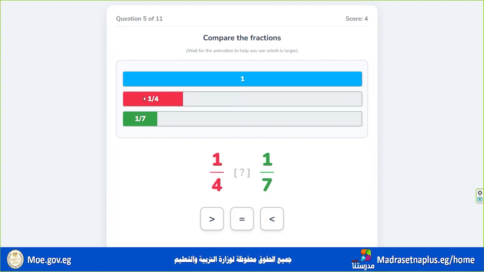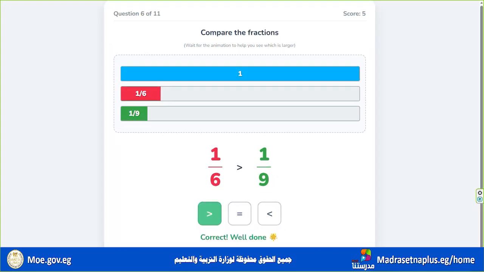Yes, the red part is greater than the green part. 1/6 and 1/9. 1/6 in red, 1/9 in green. You can see the red part is bigger than the green one. So 1/6 is greater.